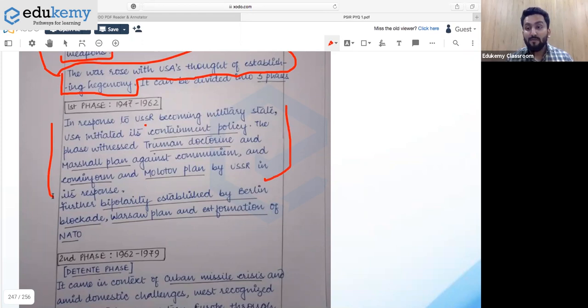When USSR became a military state, USA wanted to contain that because both of the nations were of counter viewpoints about the reality. One was capitalist, another was communist, and the communist idea itself says that at one point there will be a spontaneous revolution.